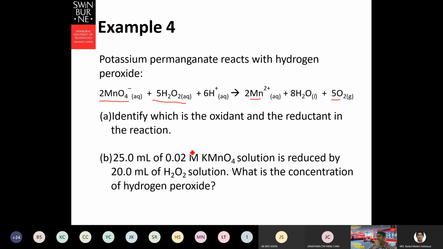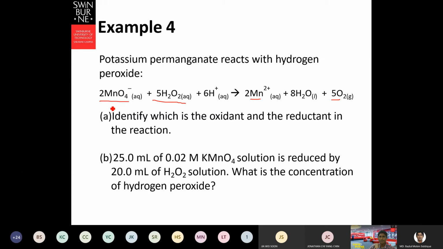The answers are given here already, but both of them, manganese tetroxide and hydrogen peroxide, are oxidizing agents. All right. So which one is the stronger oxidizing agent?